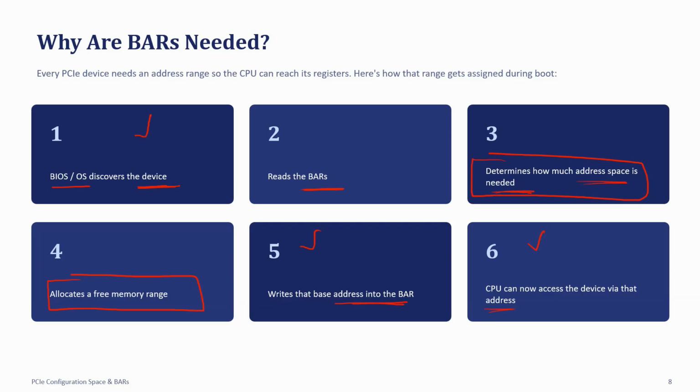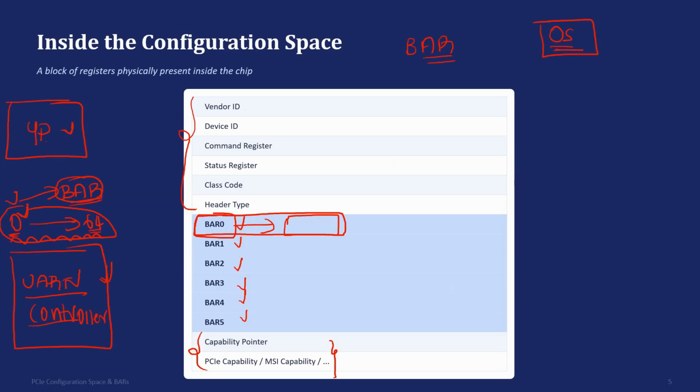The BAR register is also used for describing to the OS how much space it needs. For example, in the UART controller, I'm going to dedicate 64 bytes of data for this particular UART controller. But how is the OS going to come to know how much space should be given to this UART controller?